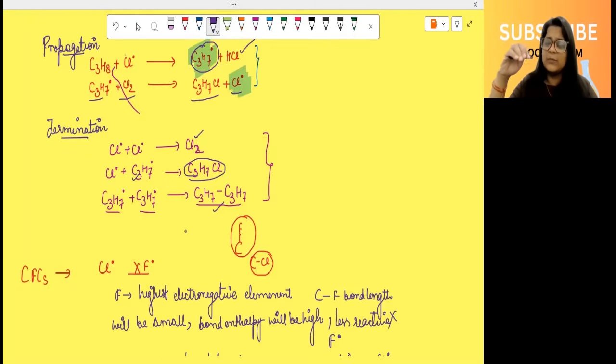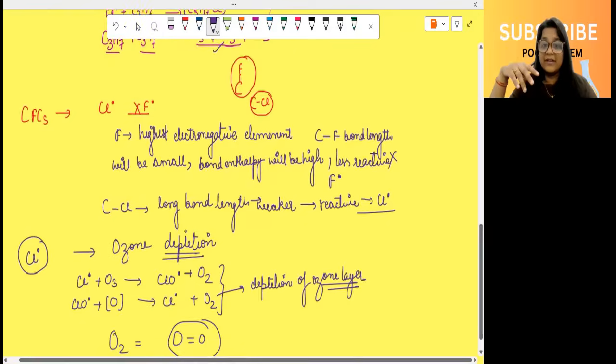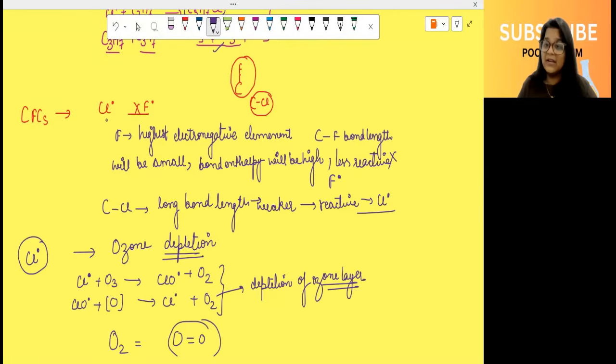The second thing that comes into relevance over here is that chlorofluorocarbon leads to the formation of a chlorine free radical, but not a fluorine free radical. So what we will say in this particular question is that fluorine is the most electronegative element. Also, the carbon-fluorine bond length is small, which means high enthalpy is required to break it.